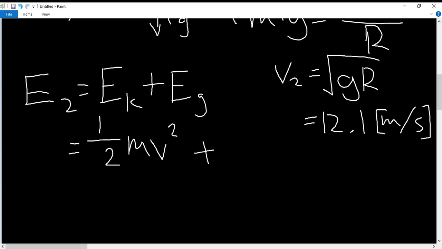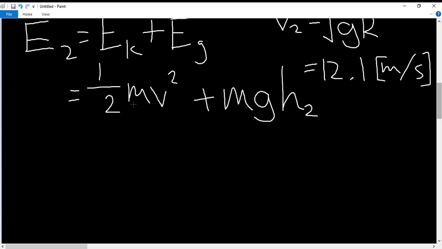And for our potential energy, that's mass times gravity times height, which at the top of the loop we do know. So once we plug everything in, we've got our mass, which is 1,200 kilograms. We've got our velocity at point 2, I should say, which is 12.1. We've got our gravity, which is always going to be 9.8. And our height at the top of the loop is 30. So we can plug all those numbers in.